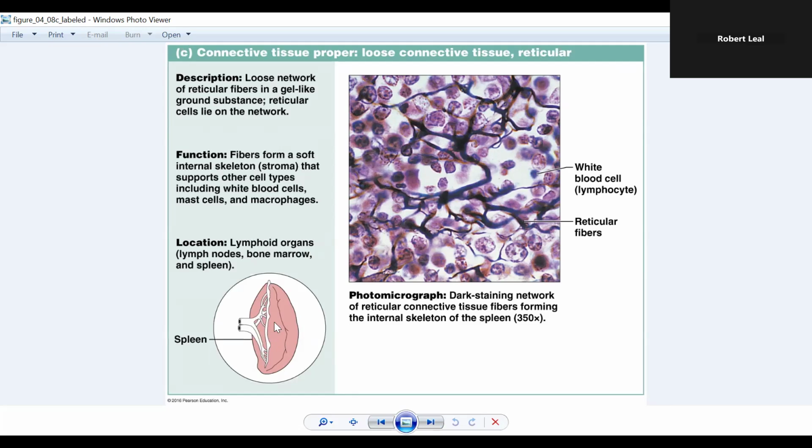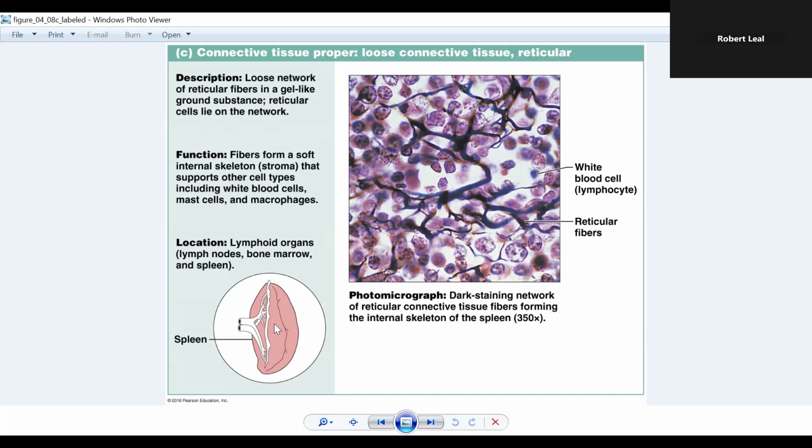If you remember, Chapter 1, one of the functions of your lymphatic system is to provide an ideal site for white blood cells to look for anything foreign and filter the fluid going within those lymphatic structures. So here you can see they point out a white blood cell, and then the fiber types are reticular.